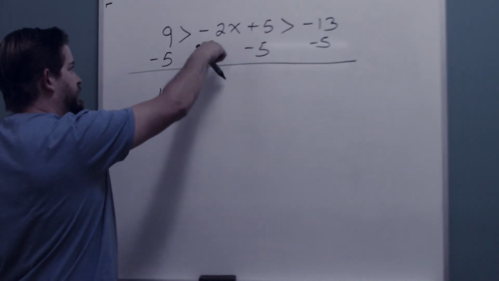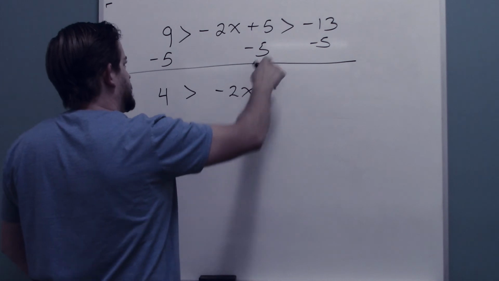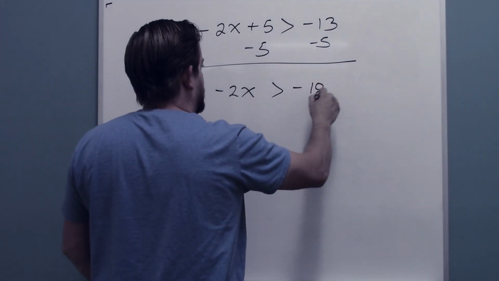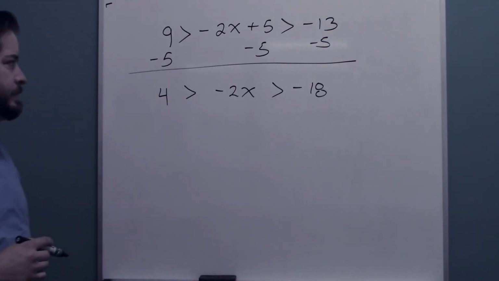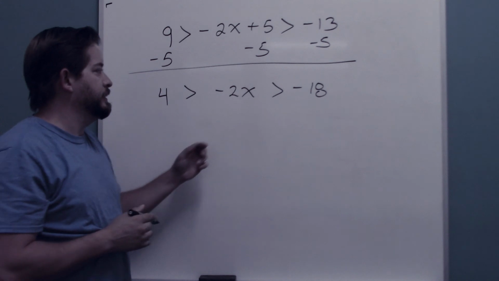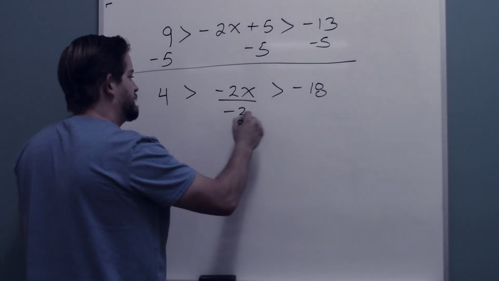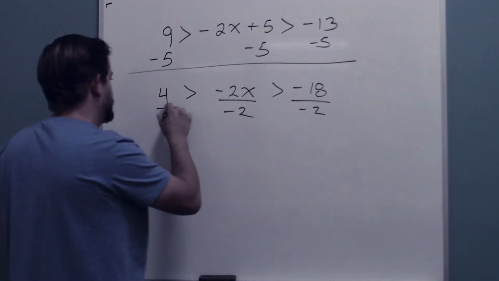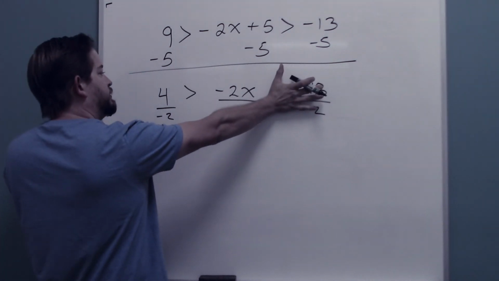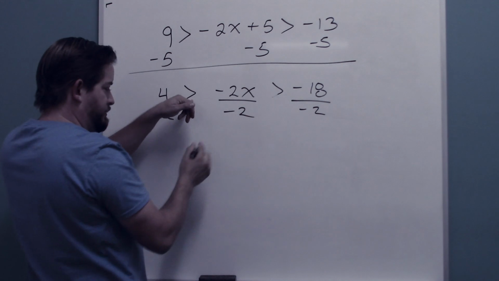Still greater than negative 2x. Still greater than negative 18. And I can get rid of this x completely alone by dividing everything by negative 2. Now when I do that, if I ignore the right hand, dividing by negative 2 is going to flip this sign to be a less than.